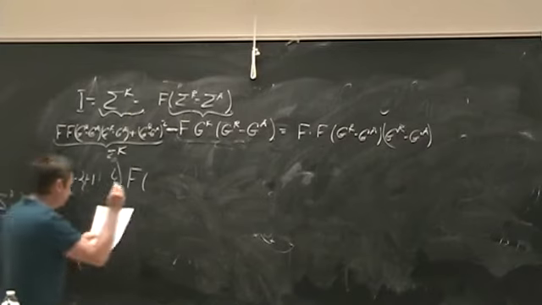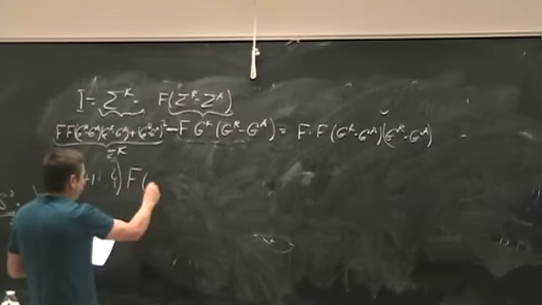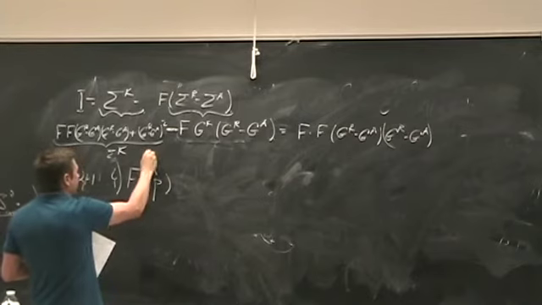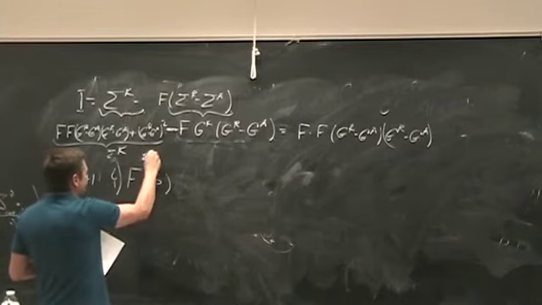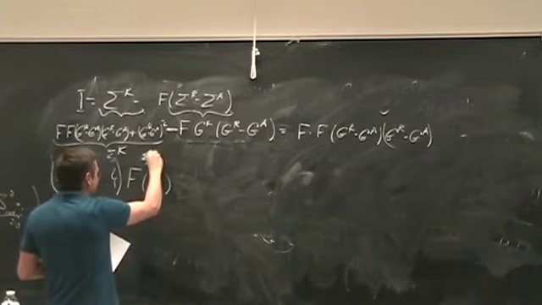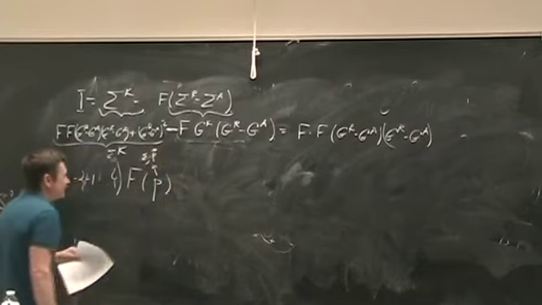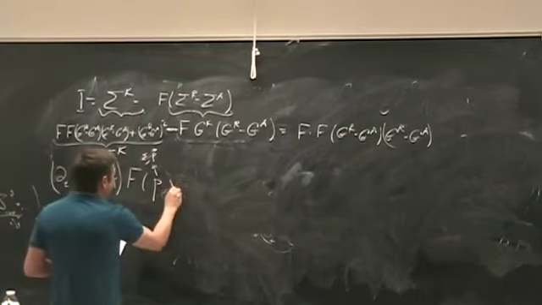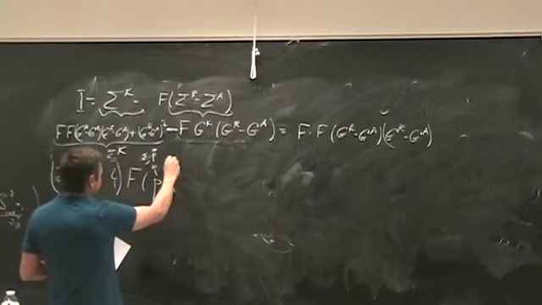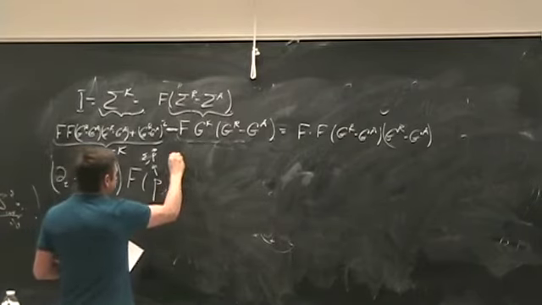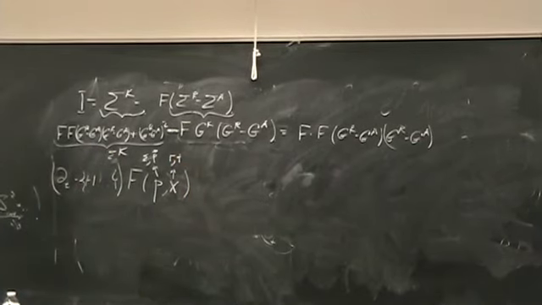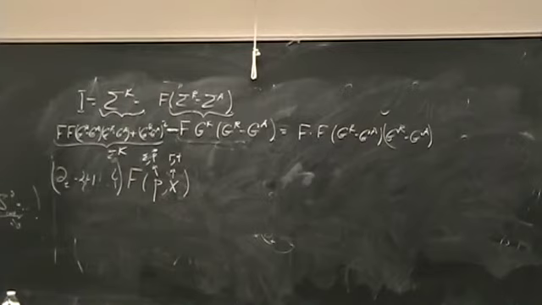I'll use p for omega, epsilon, and k, so that will be relativistic notation. And it also depends on x, which is r and t. They always come together, so there's not much sense to distinguish between them.